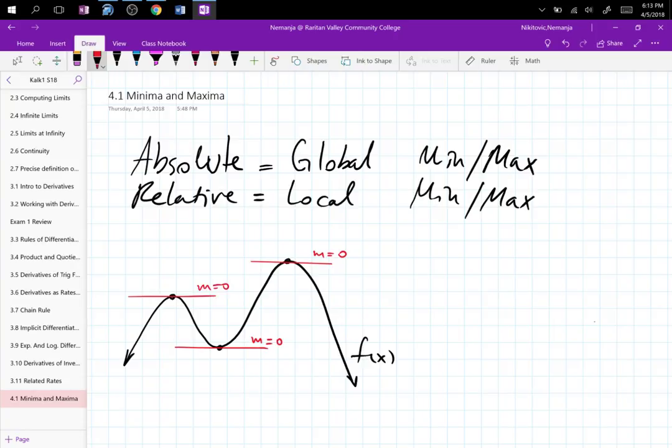Now we need to also distinguish between absolute and relative, or global and local. If you look at the peak on the right, the maximum value on the right, that one is going to be labeled as absolute max.